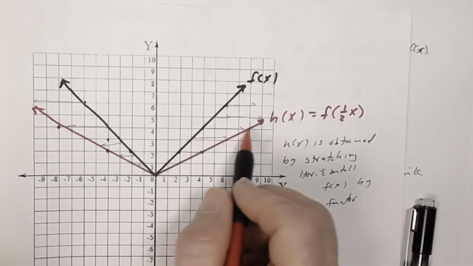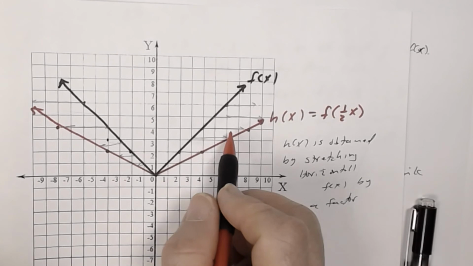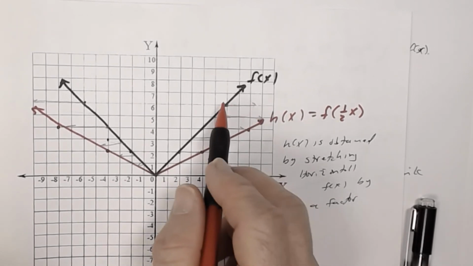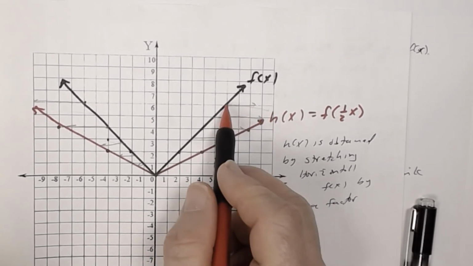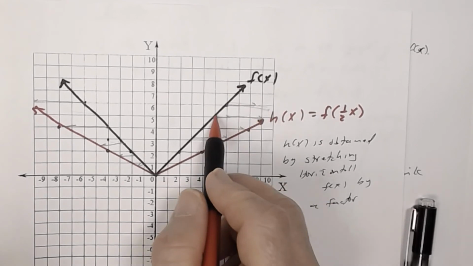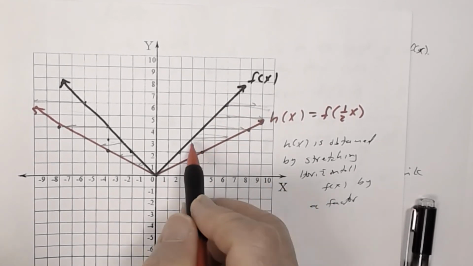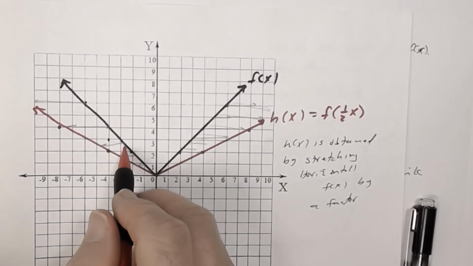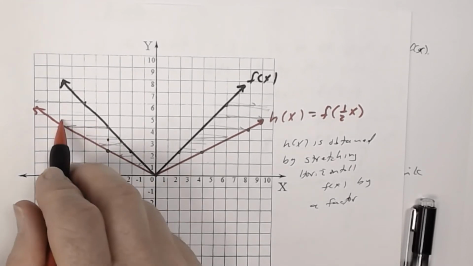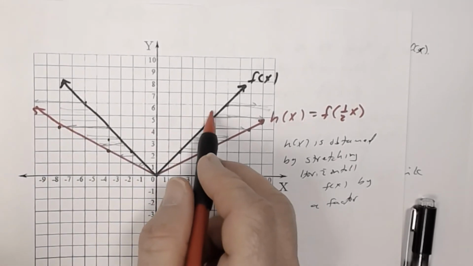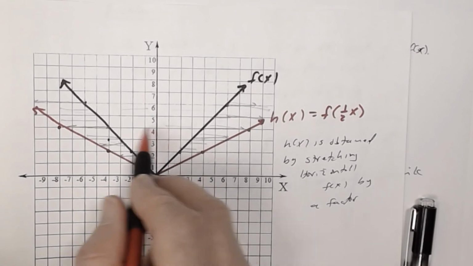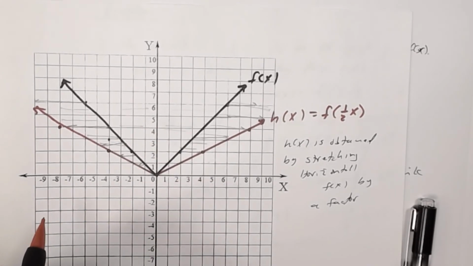They change by a certain factor, and that factor is the reciprocal of c. So whatever c is, the factor it changed by is the reciprocal of that. So when you move away from the y-axis, that's a stretch. When you move towards the y-axis horizontally, that's a shrink.